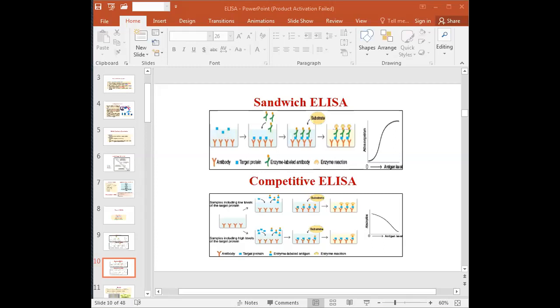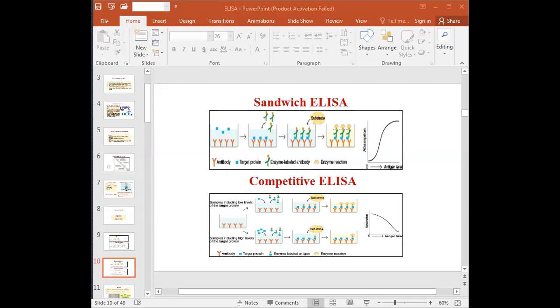So there will be competition between the untagged antigen and the tagged antigen, because both have the same or similar specificity towards the antibody. But if the tagged antigen has more specificity, then it will bind more with the antibody and form a complex rather than the untagged or unknown antigen. In that case, we will get the maximum amount of intensity.